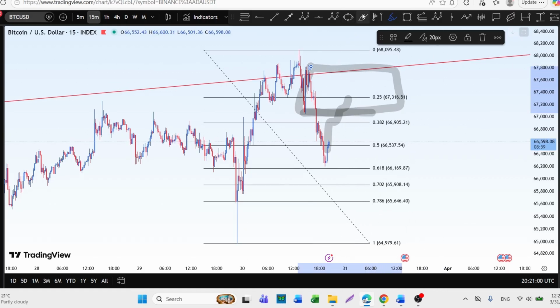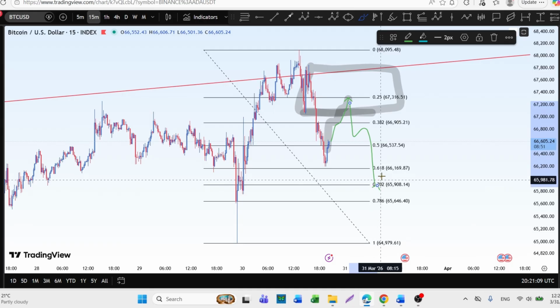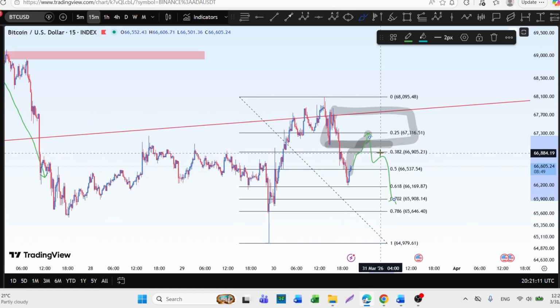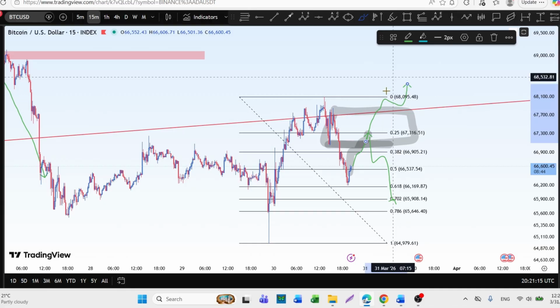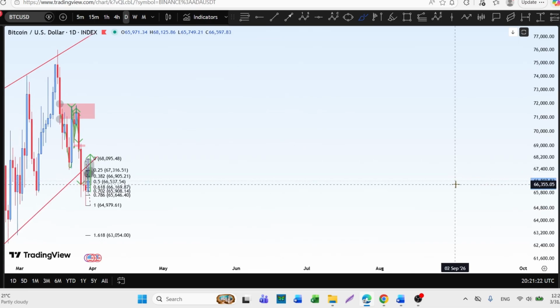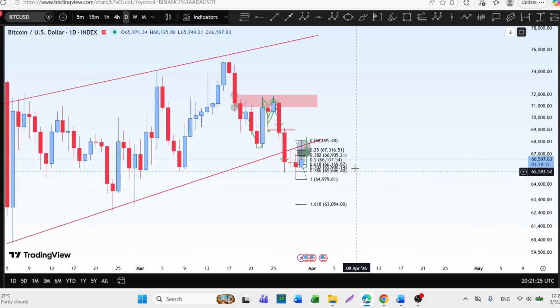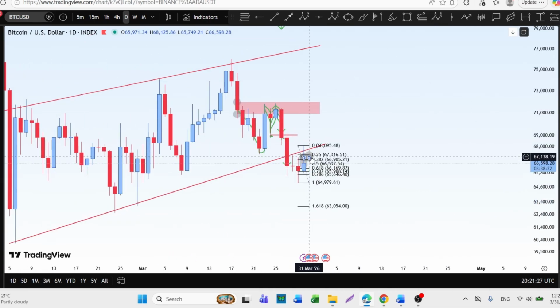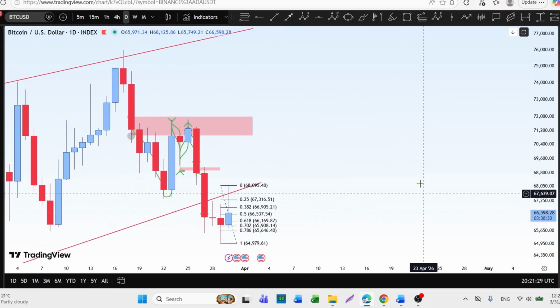So what I'm expecting now is that we rally to these levels, 67k probably, then we continue to go down. This is if we don't get through this trend line and go up again. But for now there is no clear breakout or clear buying volume. So I will keep you guys updated on the daily.